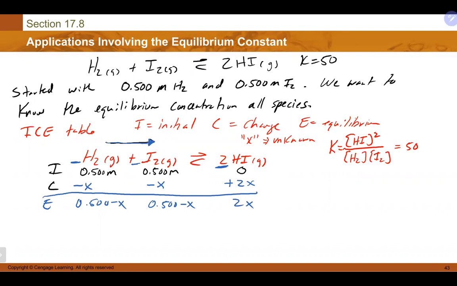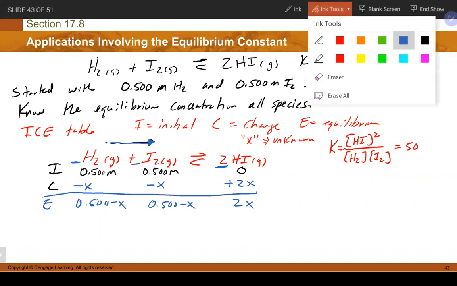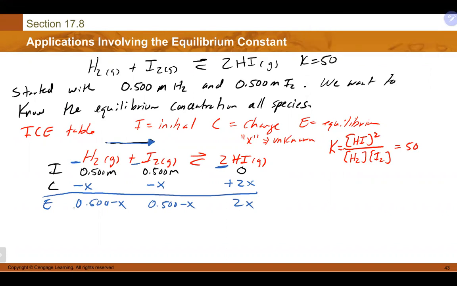The goal here is really to find x, which is the change. To do that, we're going to take our equilibrium line, all these guys here at equilibrium. And because they are at equilibrium, we will put all the equilibrium values into our expression.